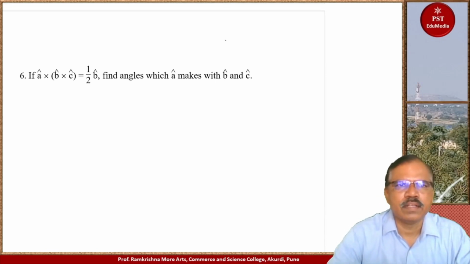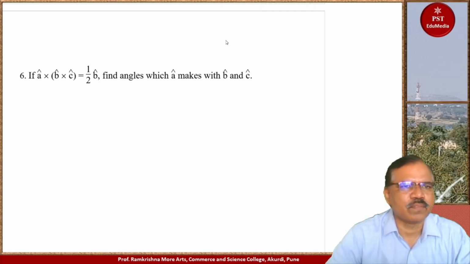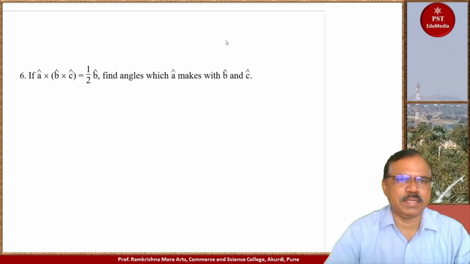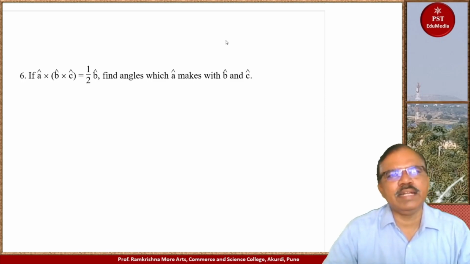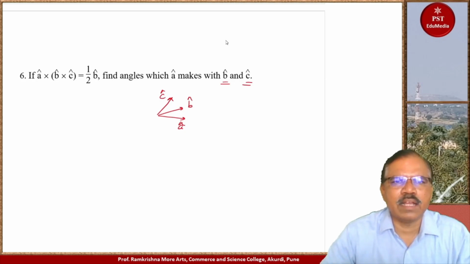If A cross B cross C is equal to 1 half B, find the angles which A makes with B and C. So here we have unit vector A, unit vector B, and unit vector C. We have to find the angle made by C with A and the angle made by B with A.